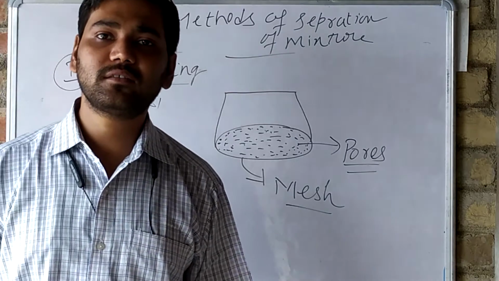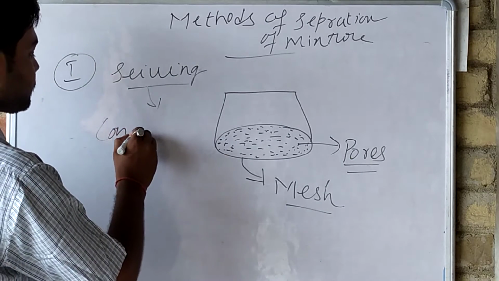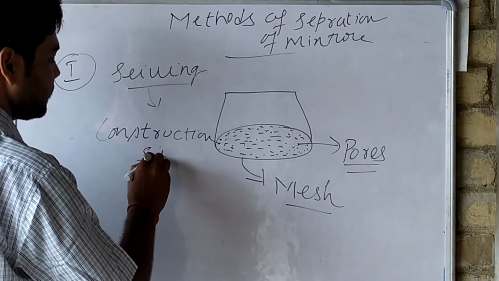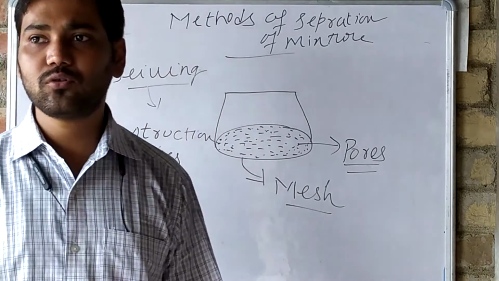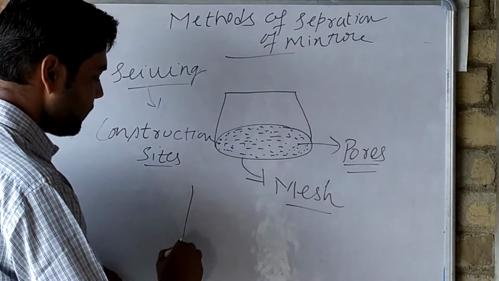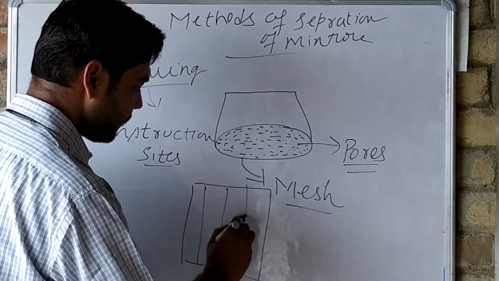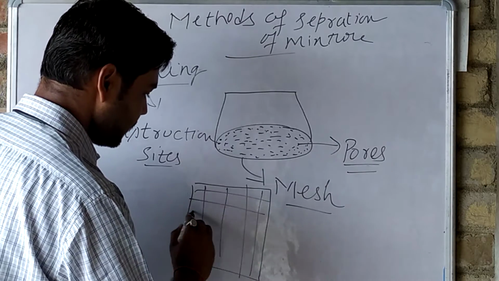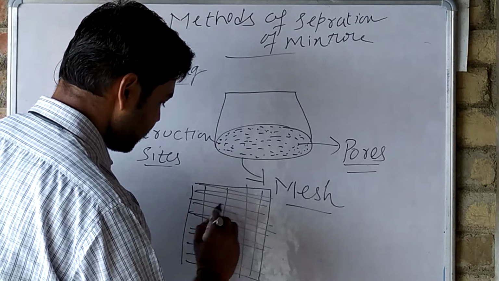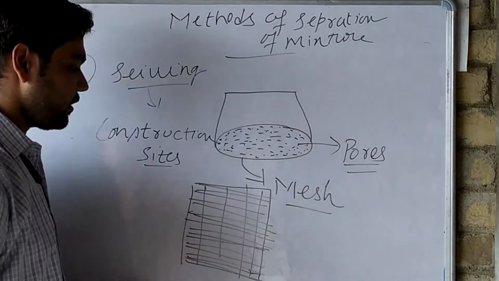In construction sites also they have this type of sieving pad. Those who have seen it know it is something like this, with very tiny, very fine holes.